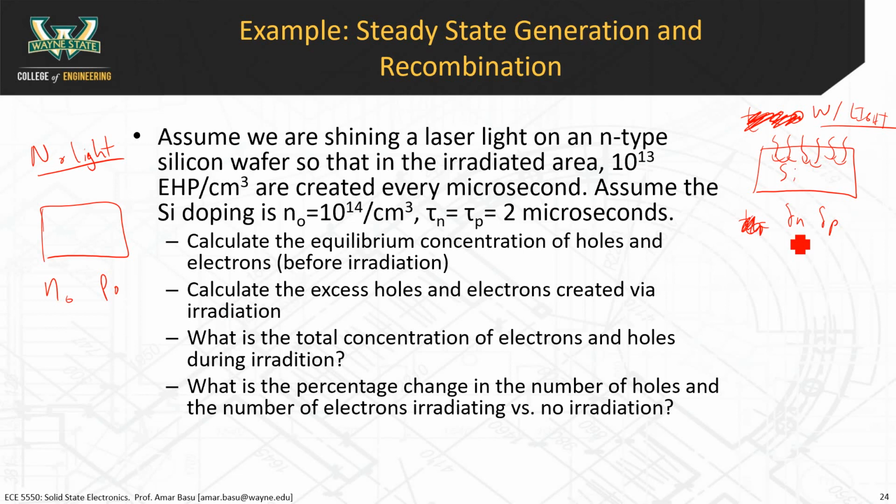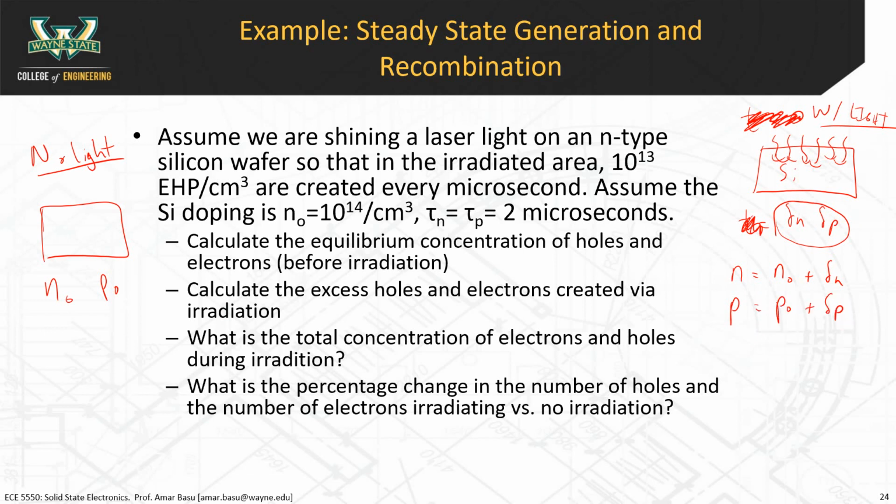You're going to generate an excess electron and hole concentration when you add the light to the system, and the total concentration is going to be n equal to n0 plus delta n. And then the hole concentration is going to be equal to p0 plus delta p.